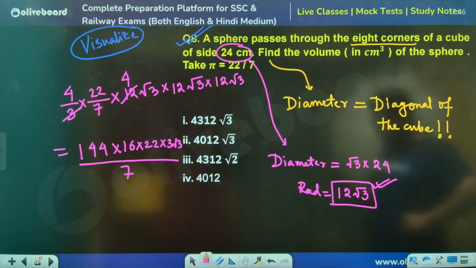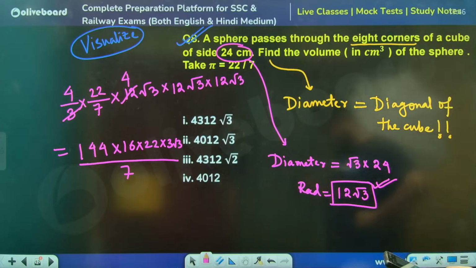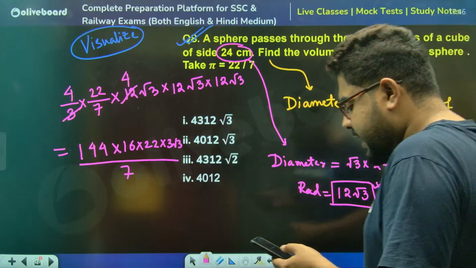You will never get the direct value. I don't think you can get a direct value, sir.